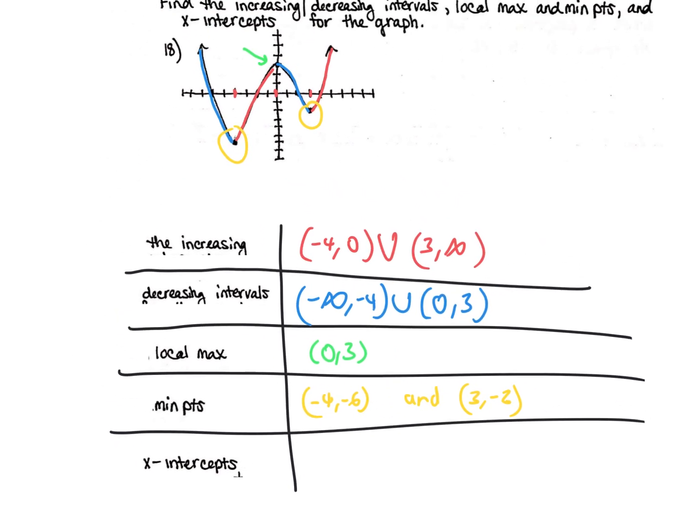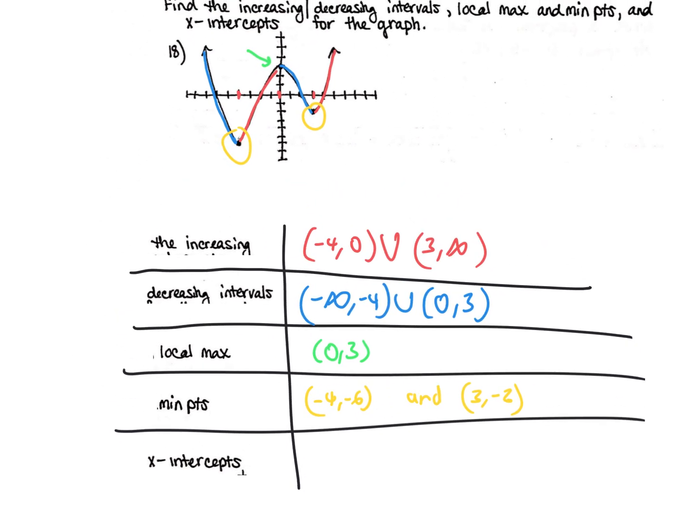And then finally, the x-intercepts. Just in case, for my student watching, let's continue to give the exact XY coordinate points. We certainly have one, two, three. I'll make these purple.